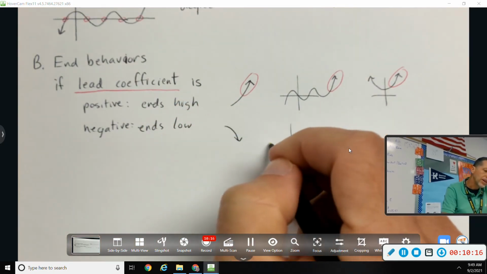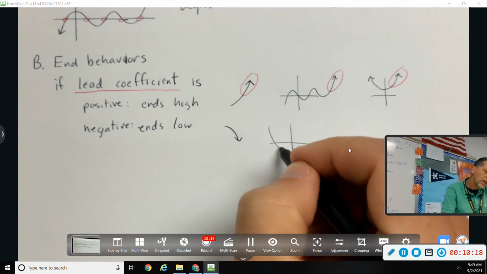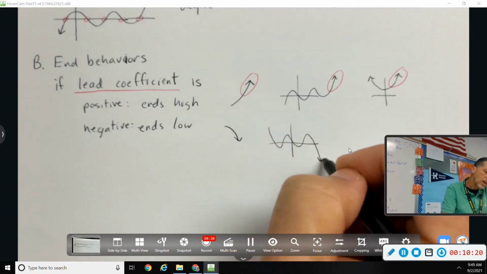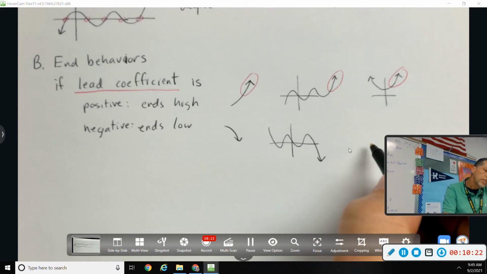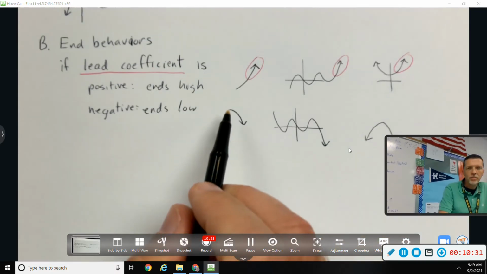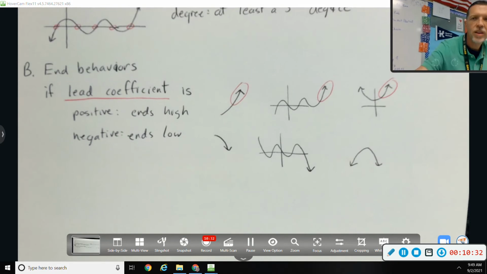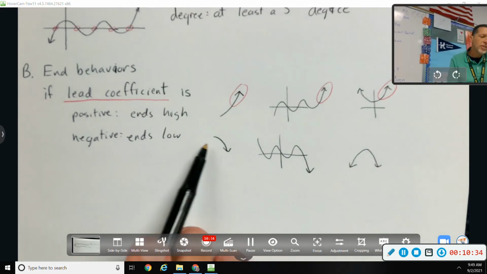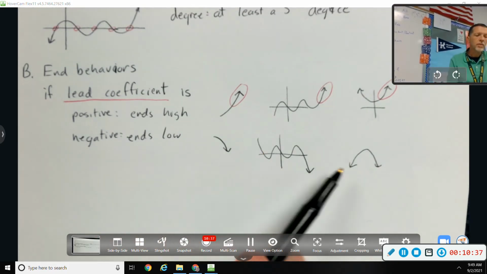So again, whatever else is happening with this thing, would it always start from the top, like that, and go down, or does that just happen to be your drawing? It happens to be my drawing. It doesn't tell us about what the left end does. The left end might be going up, the left end might be going down.